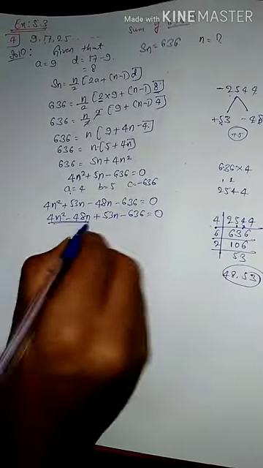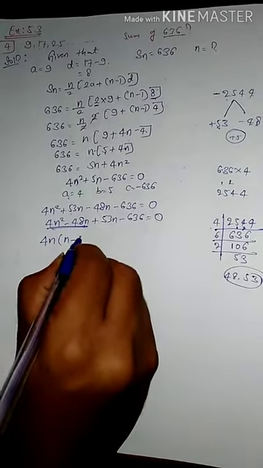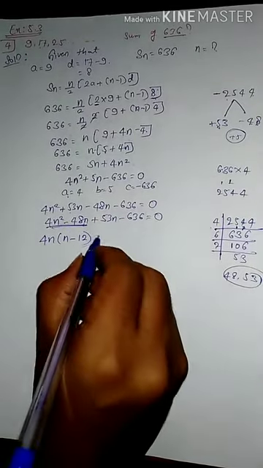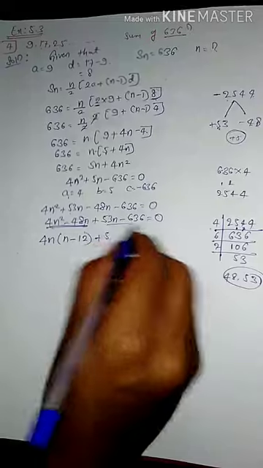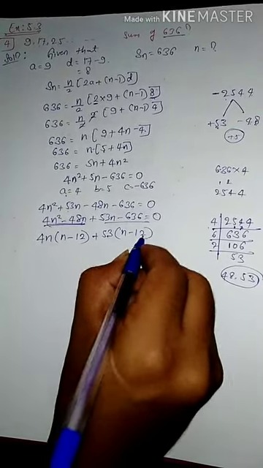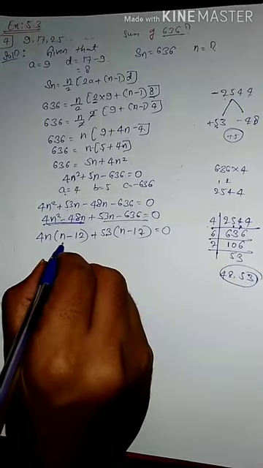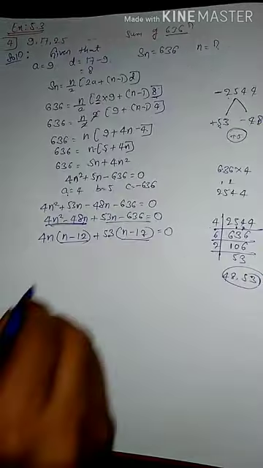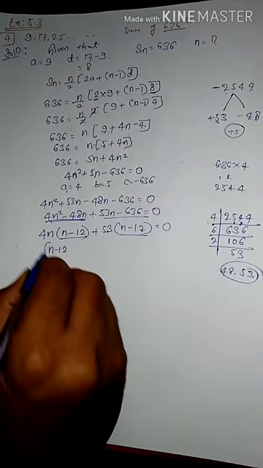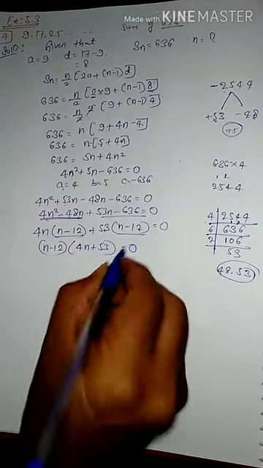In the first two terms 4n is common, take it outside: 4n into (n minus 12), since 4 12s are 48. Plus 53 is common here, take it outside: 53 into (n minus 12), because 53 12s are 636, is equal to 0. Now again n minus 12 is common, take it outside: (n minus 12) into (4n plus 53) is equal to 0.